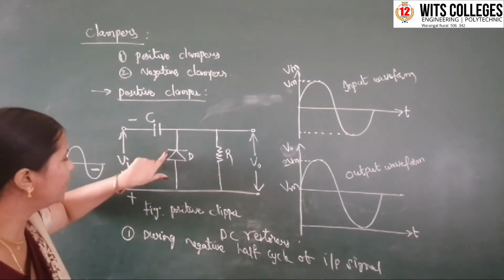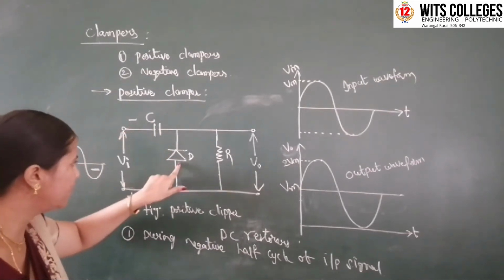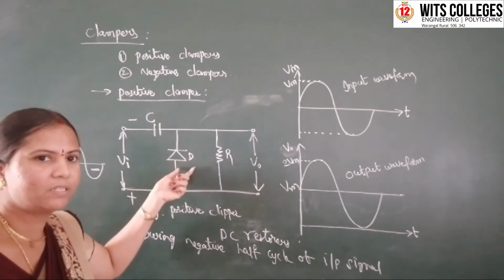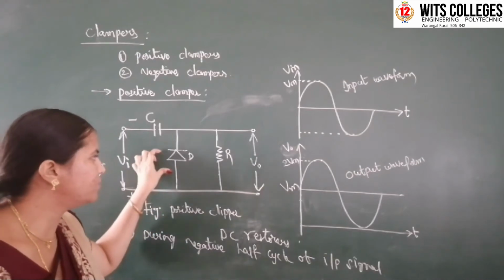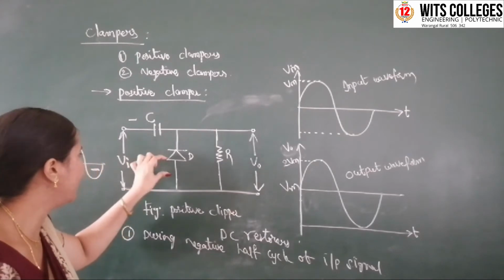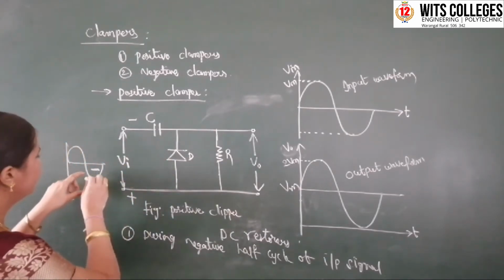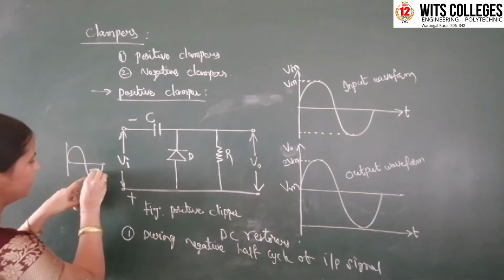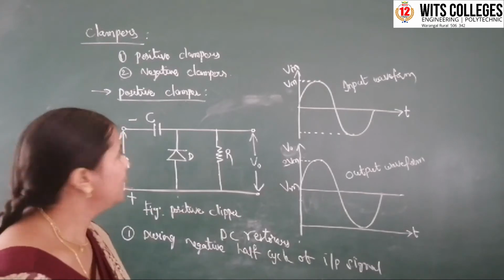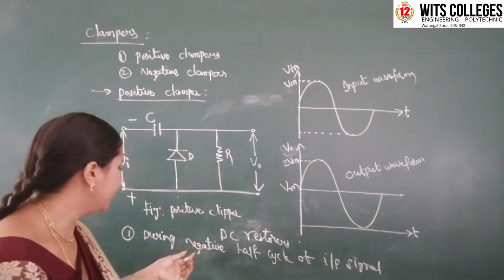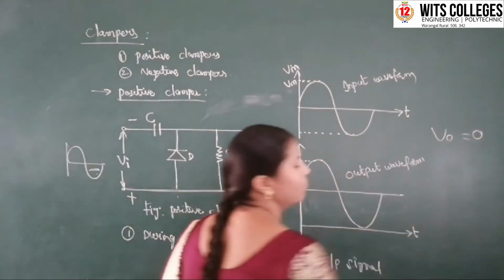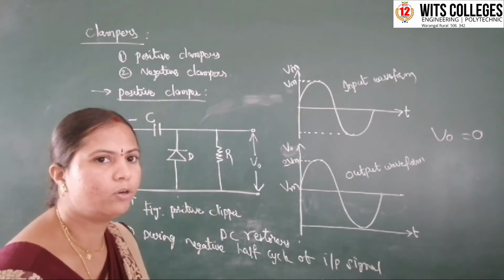The diode cathode terminal is connected to the negative terminal of the battery, and the diode anode terminal is connected to the positive terminal, which means the diode is in forward biased mode. In forward biased mode, the diode acts as a short circuit, that means a closed circuit. So whatever negative signal you are applying goes to the ground. So in the positive clamper, when you apply the negative half cycle, the output voltage V naught equals 0.